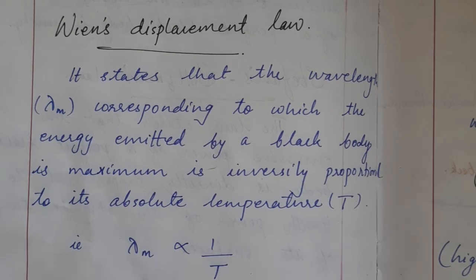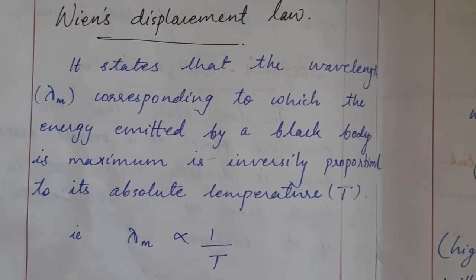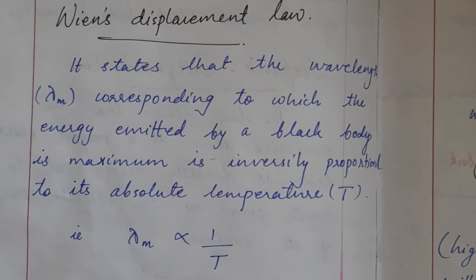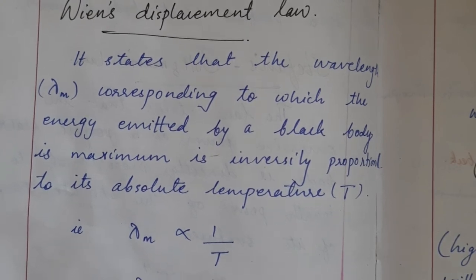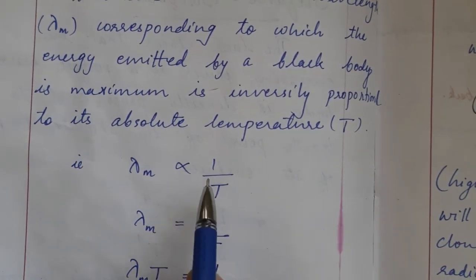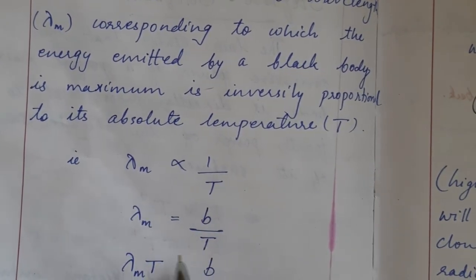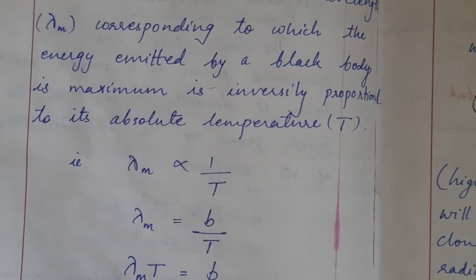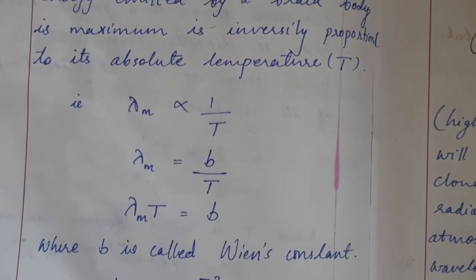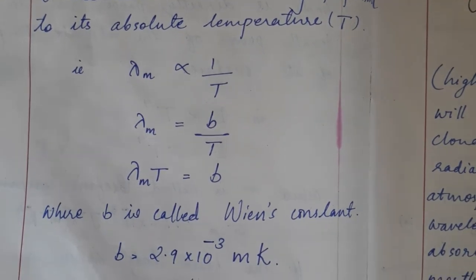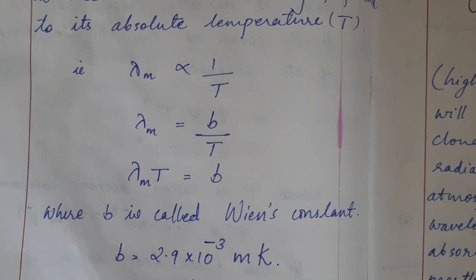In equation form we can write lambda m, the maximum wavelength, is proportional to 1 by T, and there is a constant, called Wien's constant, and this constant has a value of 2.9 into 10 power minus 3 meter Kelvin.